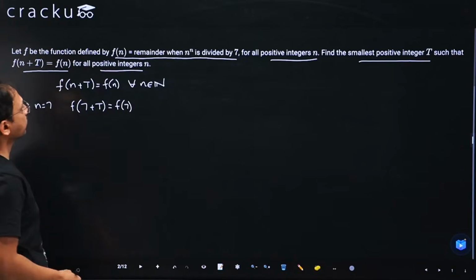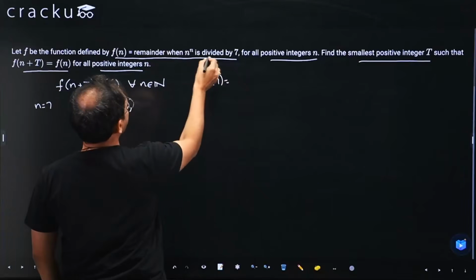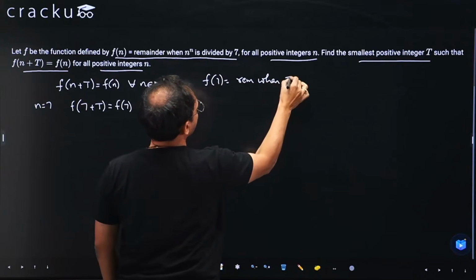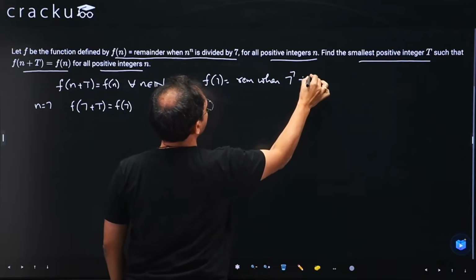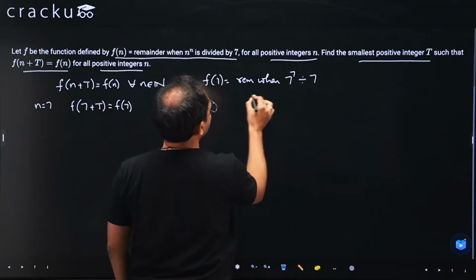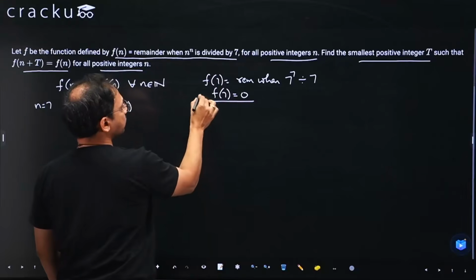So let's look at this. What is f of 7? This is the remainder when 7 power 7 is divided by 7. This is a multiple of 7, so remainder will be 0. So f of 7 will be 0.